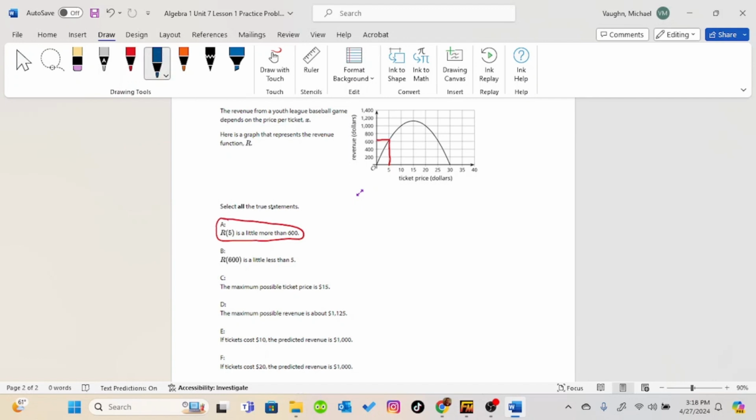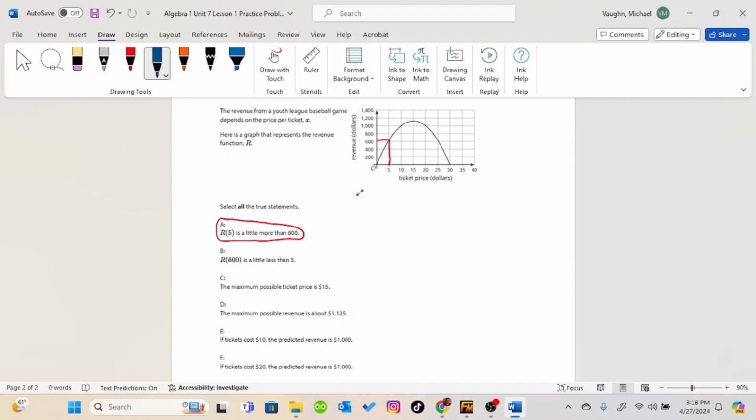Next, we look at B. R of 600 is a little less than 5. Well, this means an input of 600, and X does not go to 600. It only goes to 30 before it hits the X-axis.